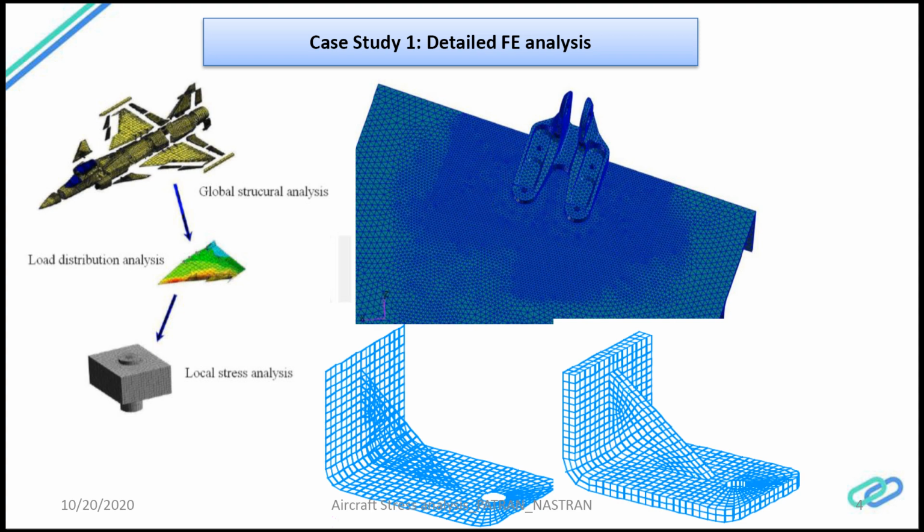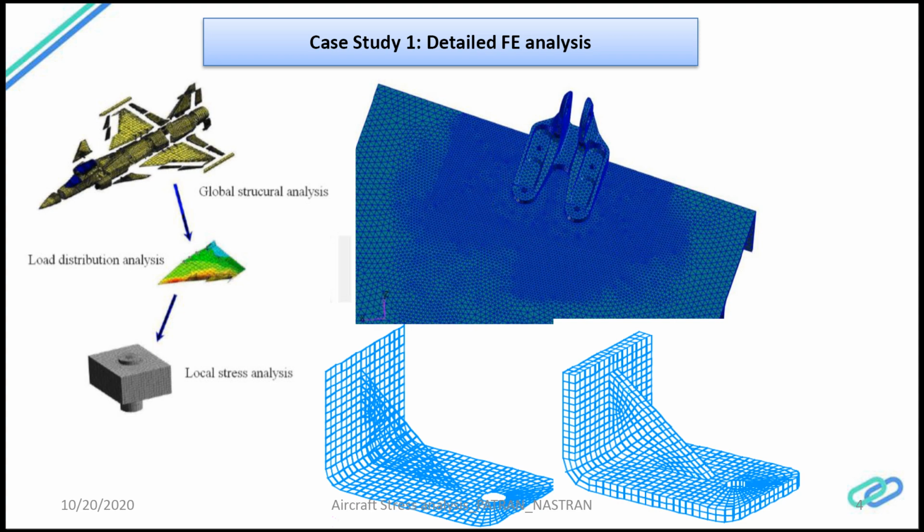In this case, it is connecting a bracket to the composite skin panel, or it may be composite or metallic. But the area of interest should be modeled in detail. That's what I want to say.